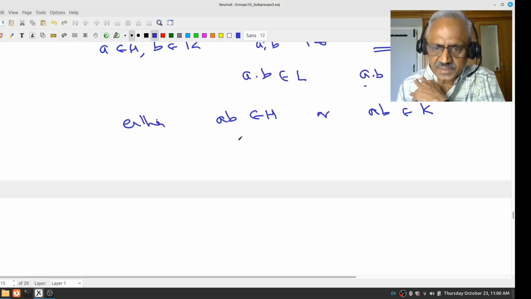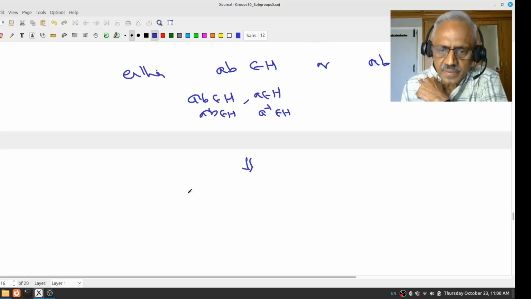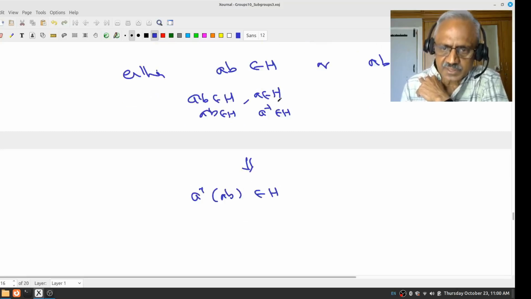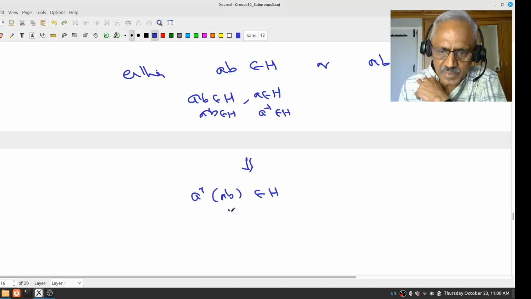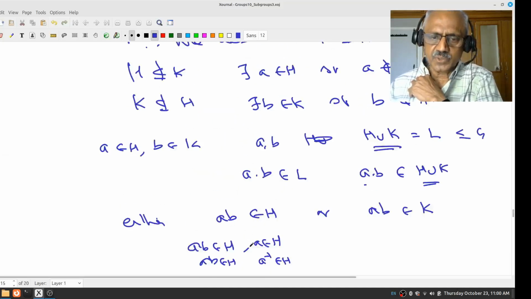A is in H. Therefore, AB is in H and A is in H. That means AB is in H and A inverse is in H. Okay, and this implies A inverse times AB must be in H because H is a subgroup. But that means B is in H. Do you see a contradiction? Because we chose B such that B is in K but not in H.